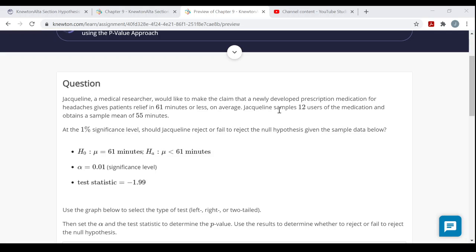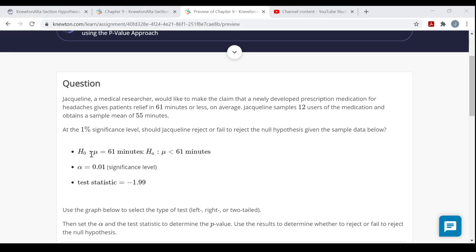Jacqueline samples 12 users of the medication and obtains a sample mean of 55 minutes. So at the 1% significance level, should Jacqueline reject or fail to reject the null hypothesis given the sample data below?